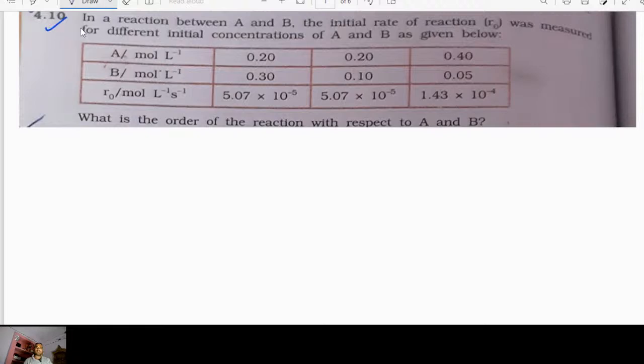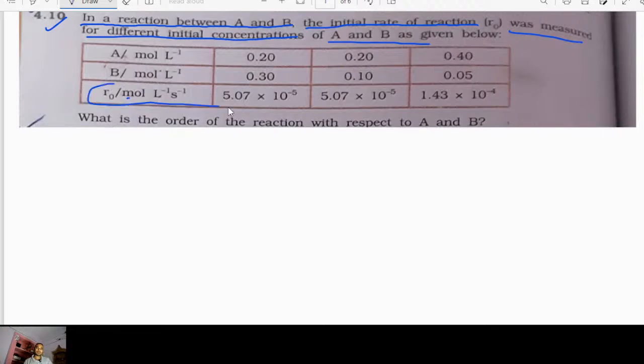What the question is, it is a very simple question, although it looks a little difficult, but these questions are extremely easy. So here they are saying in a reaction between A and B, the initial rate of the reaction was measured for the different initial concentrations of A and B given below. If you see the mole per liter per second, it is the rate.